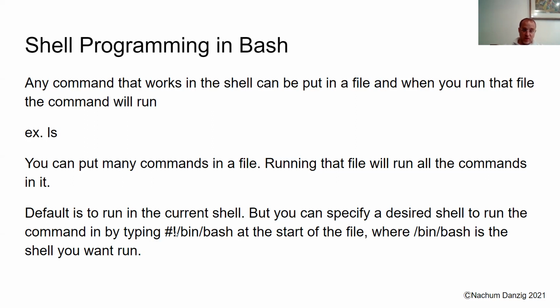Comment, exclamation mark, and remember the comment, from the language point of view, it's a comment, but it's telling the shell, oh, this is what I want you to run this file with. So the first line of your file could be /bin/bash, and then it will try to run the commands using the interpreter bash, which is located in /bin. And /bin/bash is the shell you want to run.